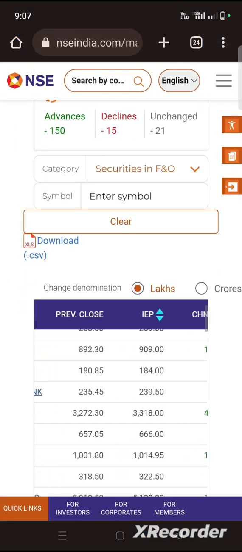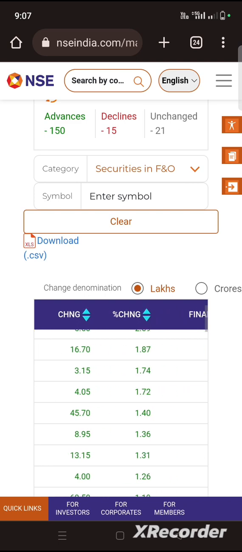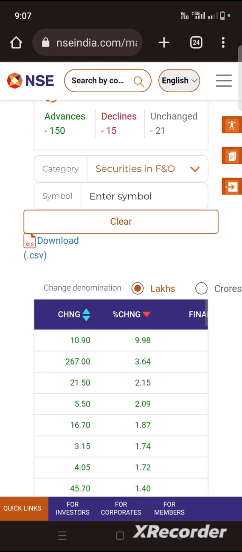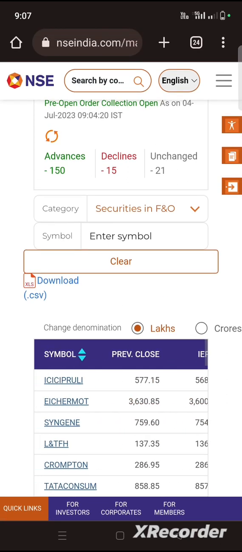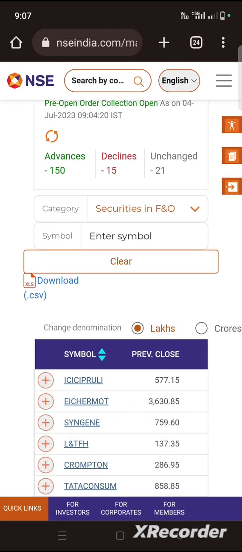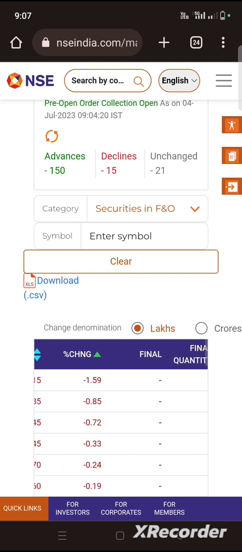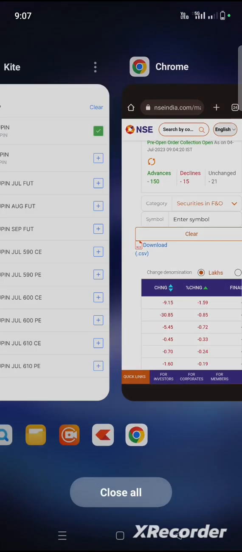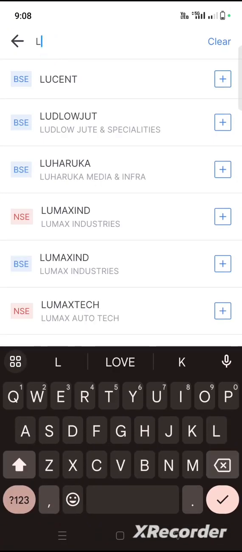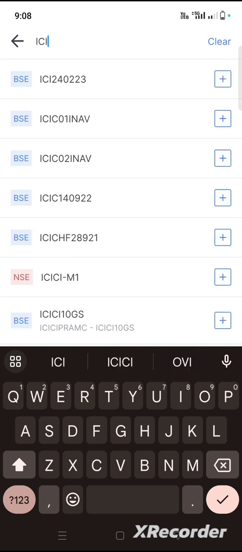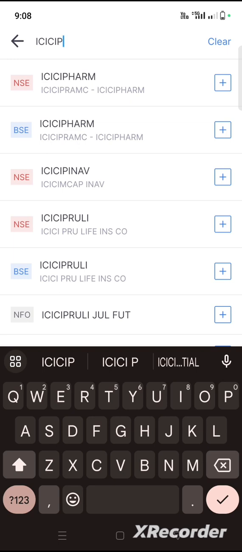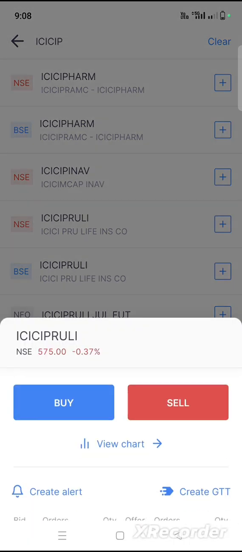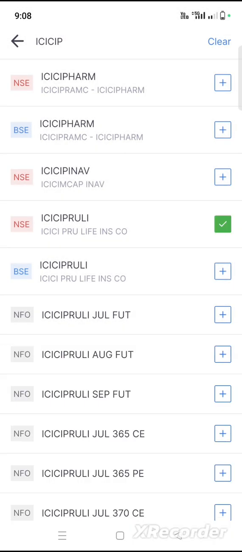Now I'll check the top losers to see if anything meets my criteria. Top losers: ICICI Prudential. Added.